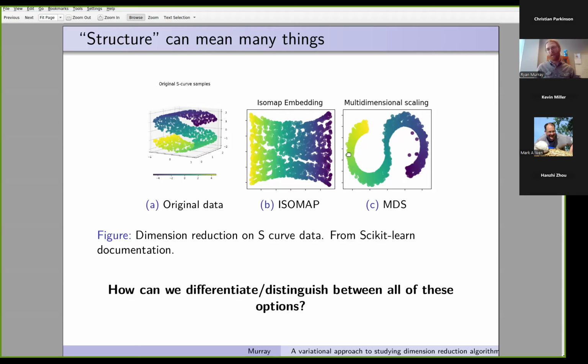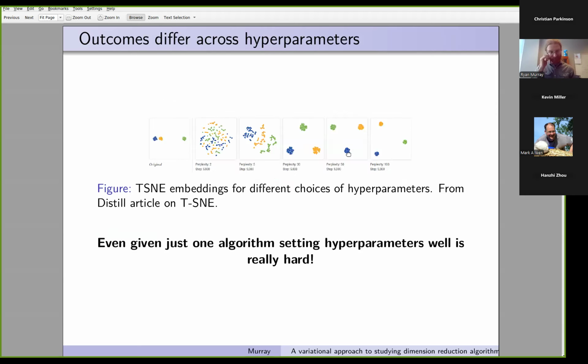Okay. Now, even if we pick a single particular algorithm, you can get outcomes that may not be interpretable the way that you'd like them to. So this is from a paper from 2016 that came out of Google Brain. This is not my graphic.